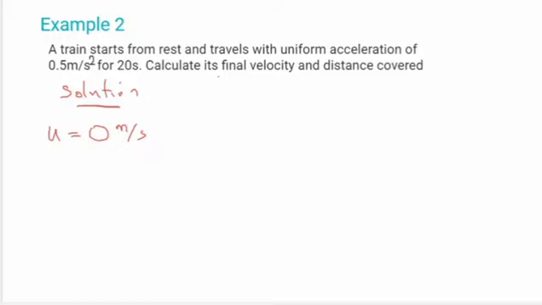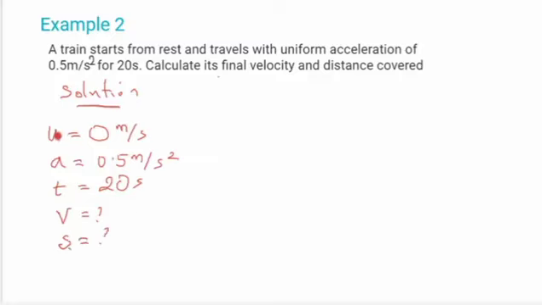We are given acceleration A as 0.5 meters per second square. Then we are given time T as 20 seconds. And then we are to find the final velocity V, and then the distance covered S. So that's what we're looking for.